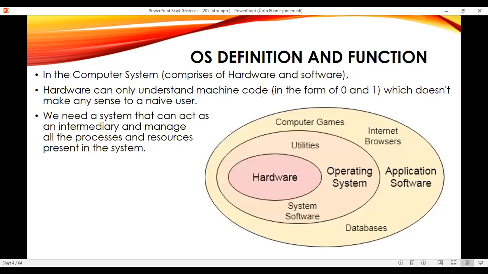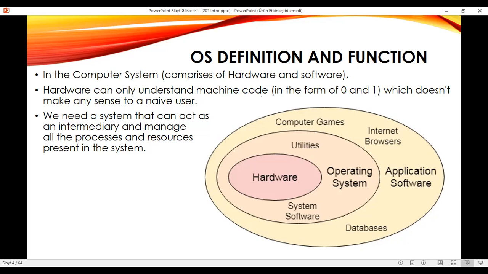Okay. So if we want to write the definition and the function of an operating system, first of all, the computer system, if you hear this term, is talking about the hardware and software together.